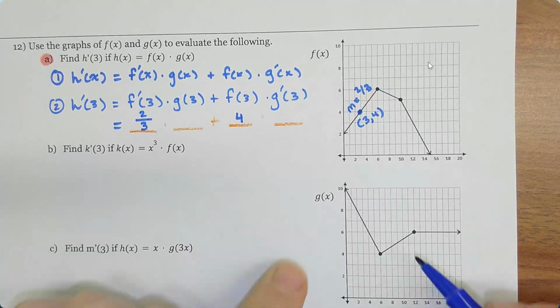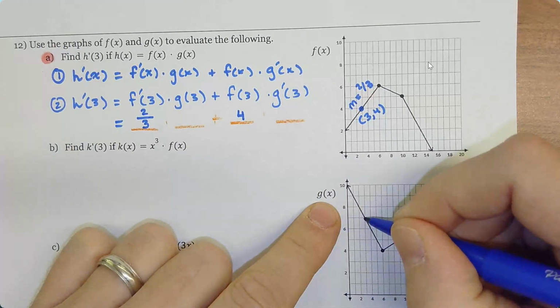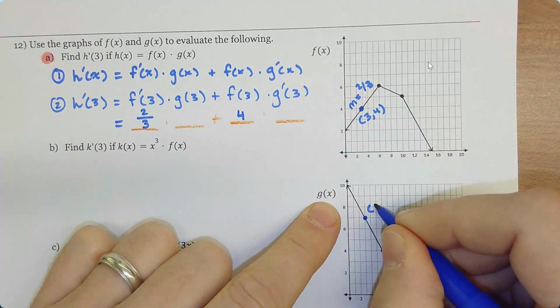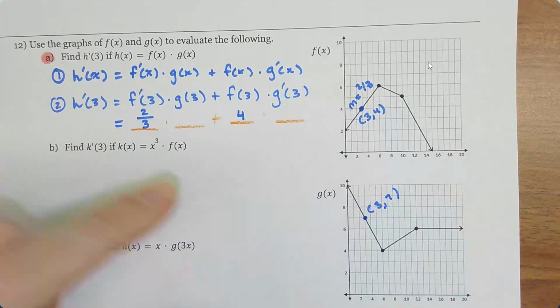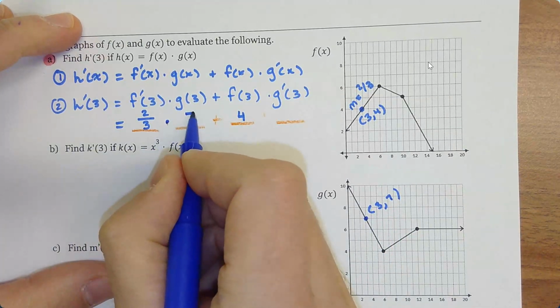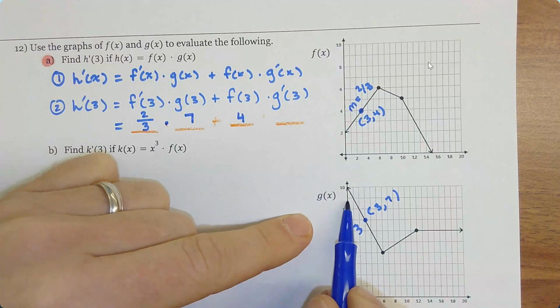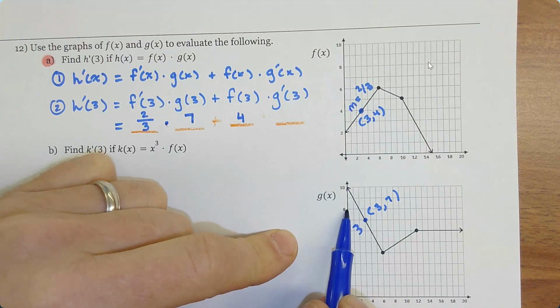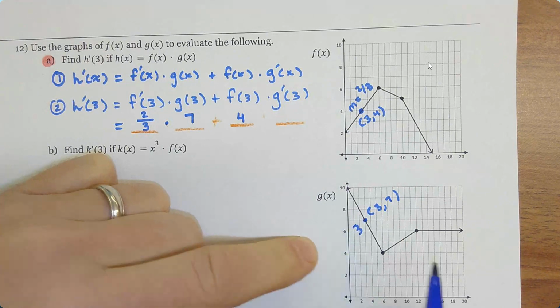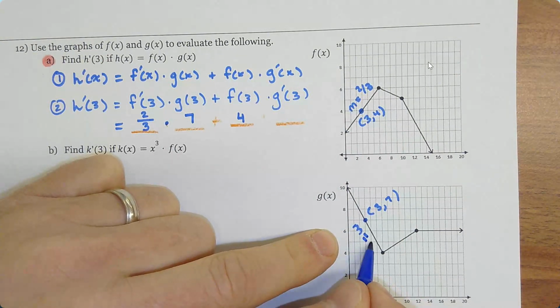And then let's go to Georgine. Here's 3, bump, bump. Georgine passes through 3, comma 7. So this is going to be a 7. Our slope at this instant is down 1, 2, 3 over 1, 2, 3. So our slope is equal to -1.